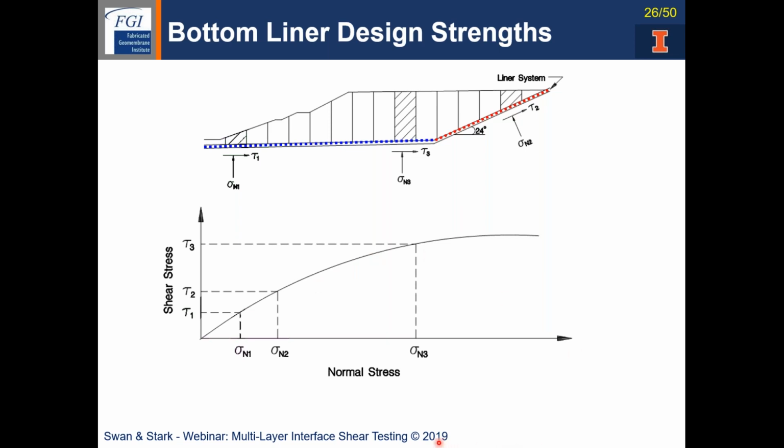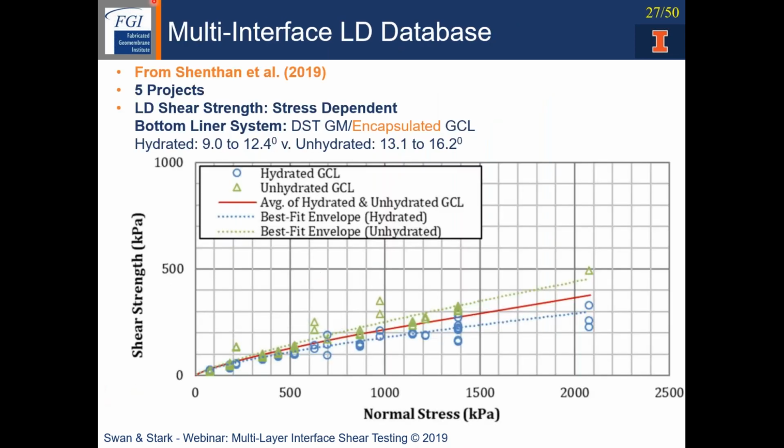Okay, with that, let's shift to some of Dr. Shenton's data. This is large displacement shear strength for a bottom liner system. In this particular case, it's a double-sided textured geomembrane with an encapsulated GCL. Two conditions: the GCL is hydrated and unhydrated.